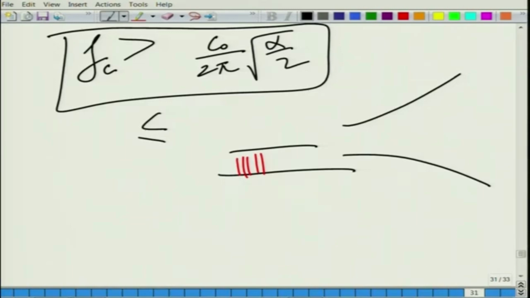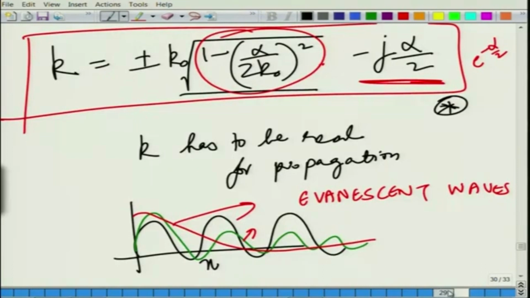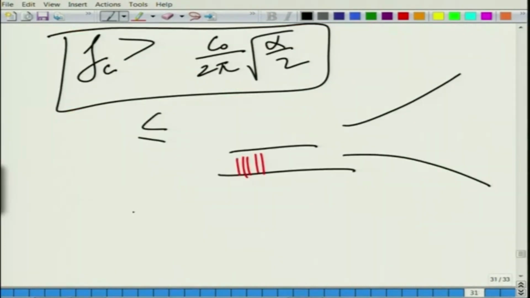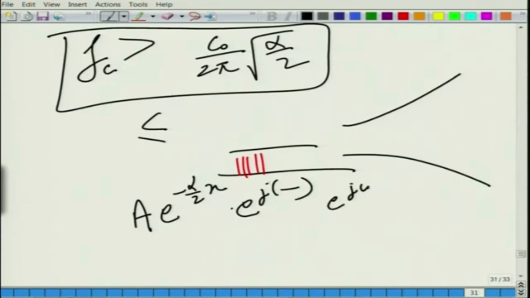Then of course there are things like amplitude decay and the phase velocity relationships for the exponential horn. Amplitude decay is nothing but this part, e to the power minus alpha x. If we assume the amplitude to be A, then it is something like this, times e to the power j omega t.